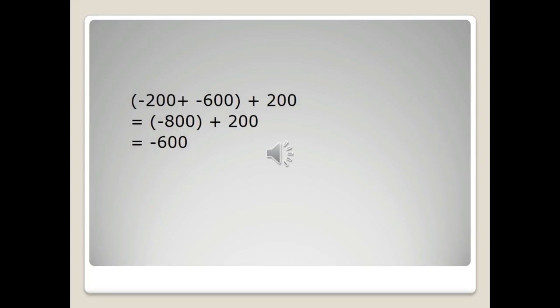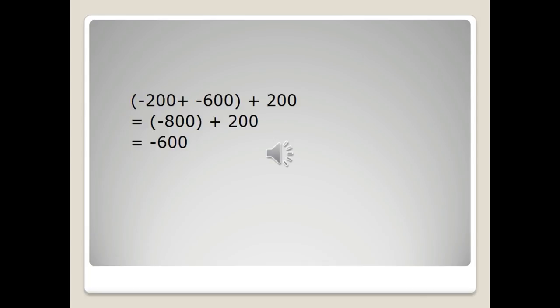So we have here another example. The quantity of negative 200 plus negative 600, plus 200. In this case, we will use the order of operations PEMDAS, which means parentheses, exponent, multiplication, division, addition, and subtraction. In this problem, we can see that it has a parenthesis, so we should simplify inside of it first.